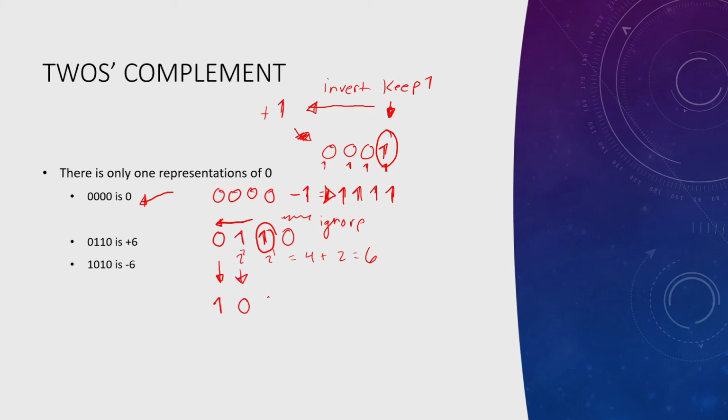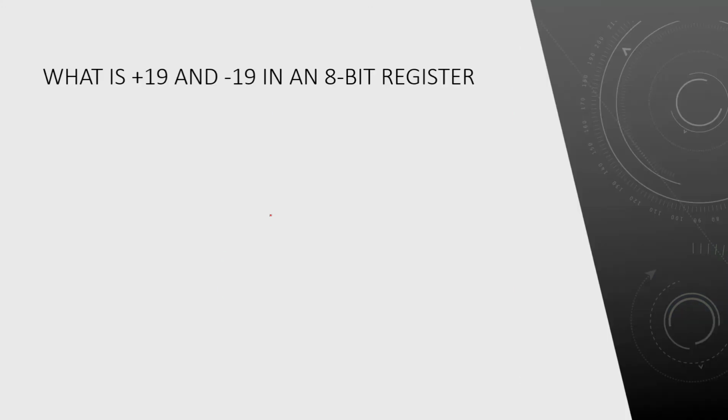You keep this 1, and everything over here, you keep the same. So all you care about is finding the least significant 1 and inverting everything to the left of it. Everything to the right of that least significant 1, keep the same.